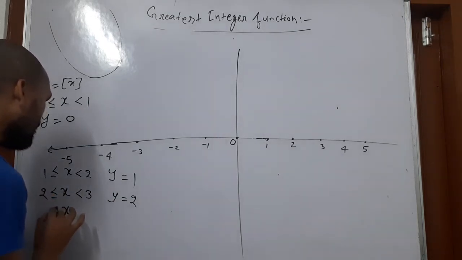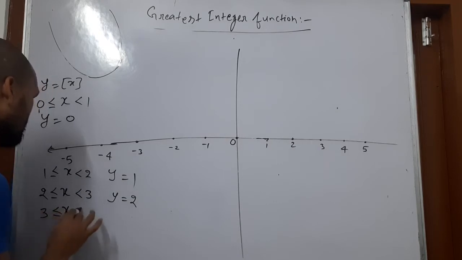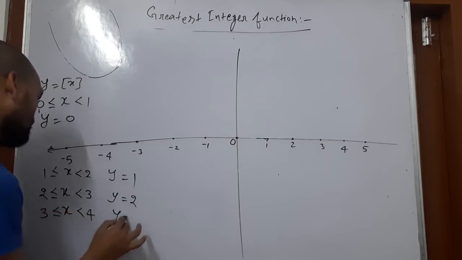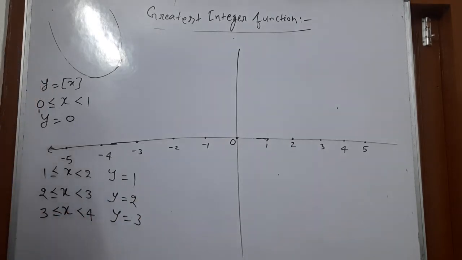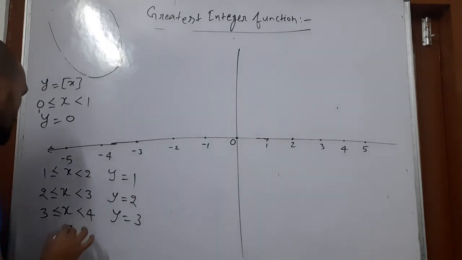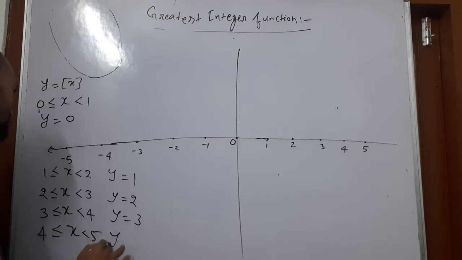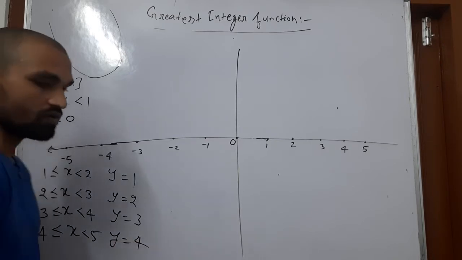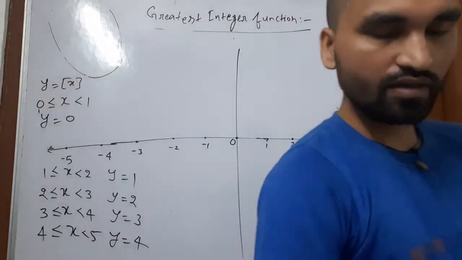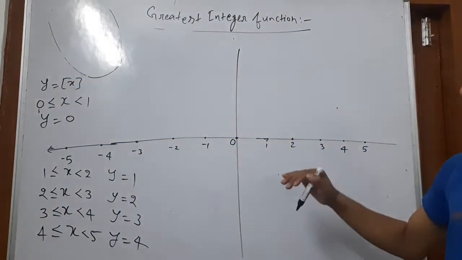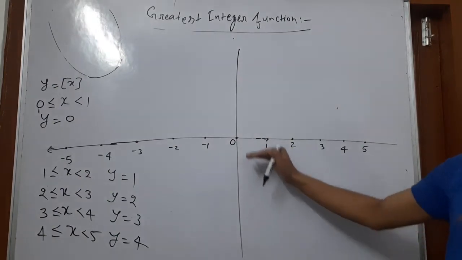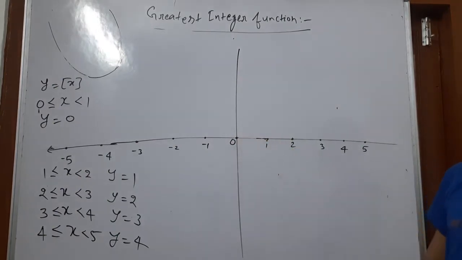When x is greater than or equal to 3 and less than 4, y is always 3. Similarly, when x is greater than or equal to 4 and less than 5, y will be 4. Okay, students, so here we have discussed the value of y for these particular values.